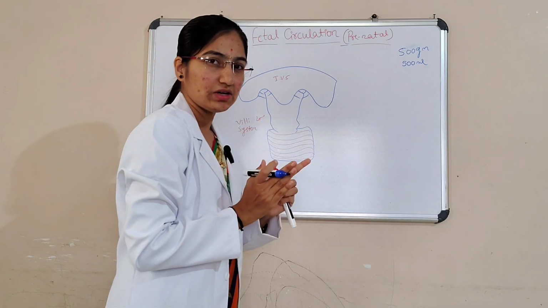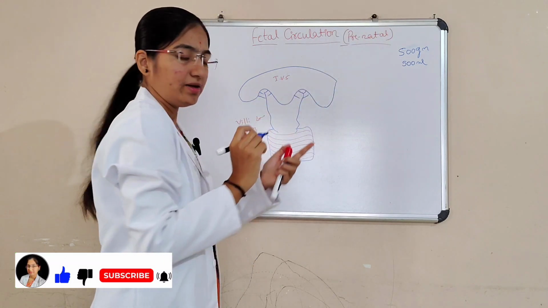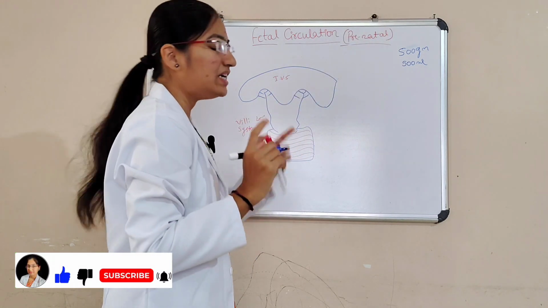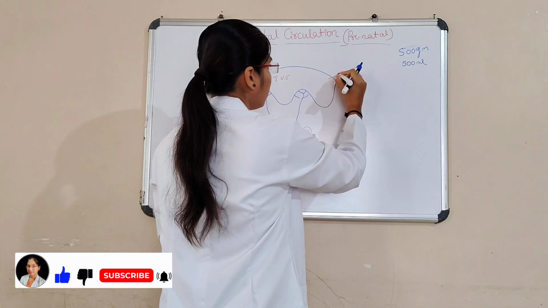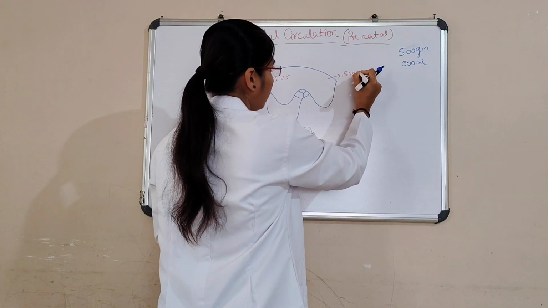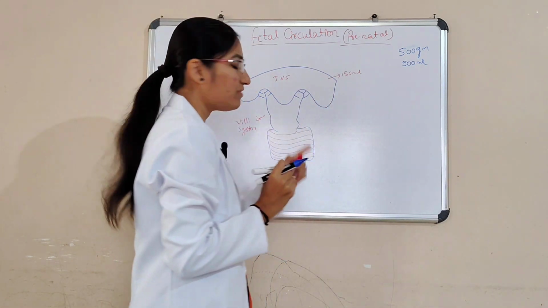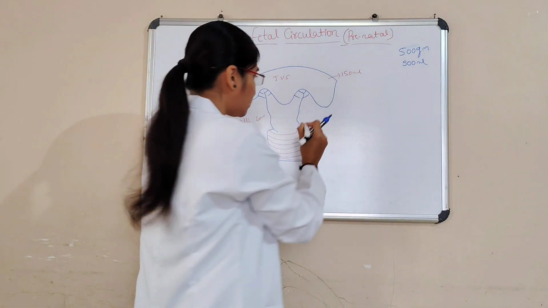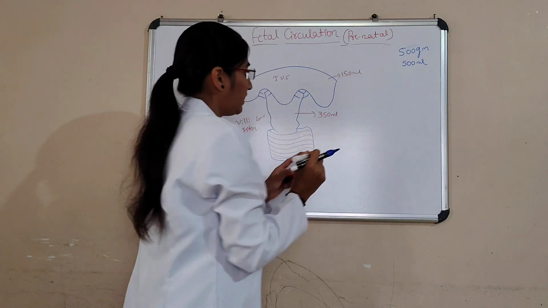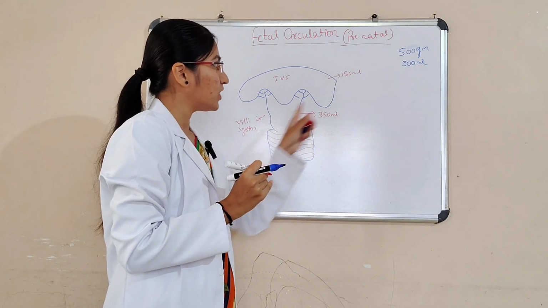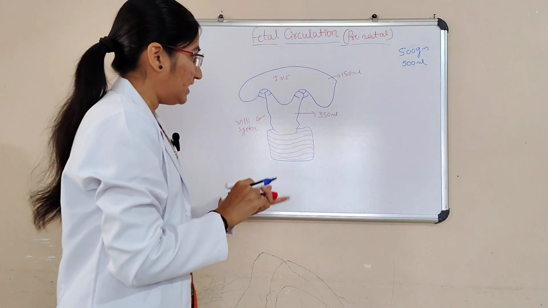In that 500, 150 ml of blood is present in the intervillous space, and then in the villi system 350 ml of blood is present. Total 150 plus 350 is 500 ml.